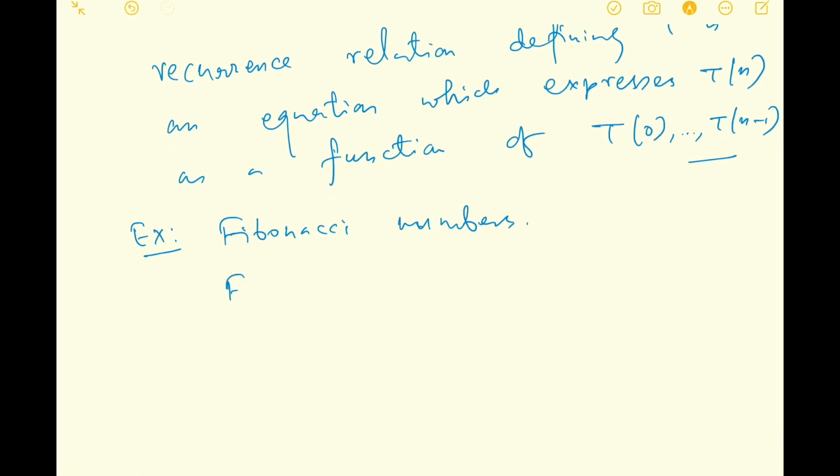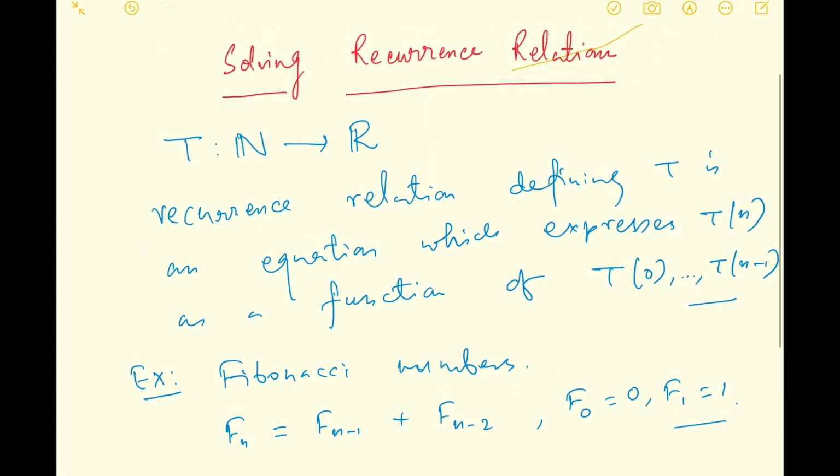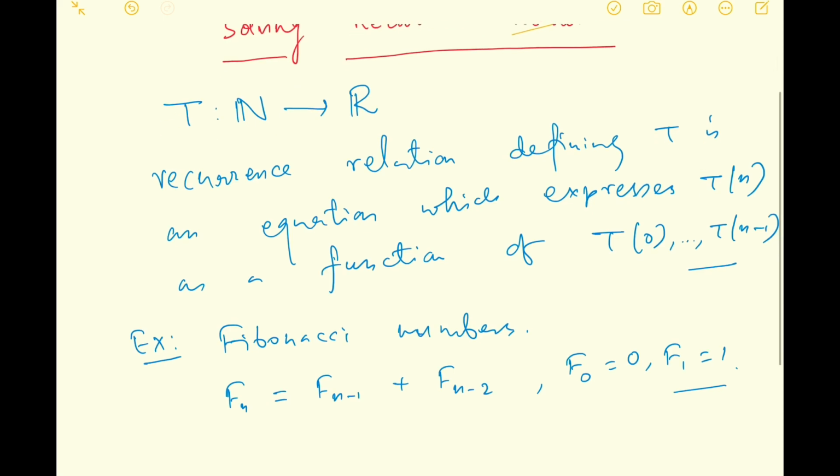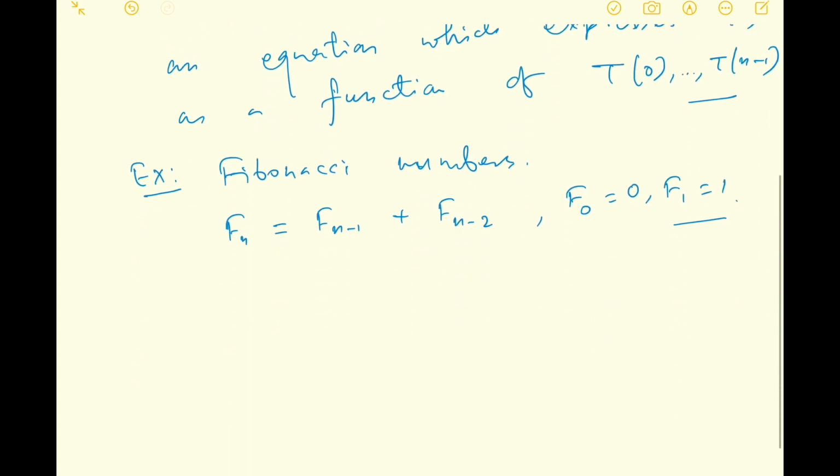We define fn, the nth Fibonacci number, as fn minus 1 plus fn minus 2, and you define f0 equal to 0 and f1 equal to 1. So in today's class we will look at a particular type of recurrence relations, and given a recurrence relation, how can we come up with closed form solutions or closed form upper bounds. That is our topic today.